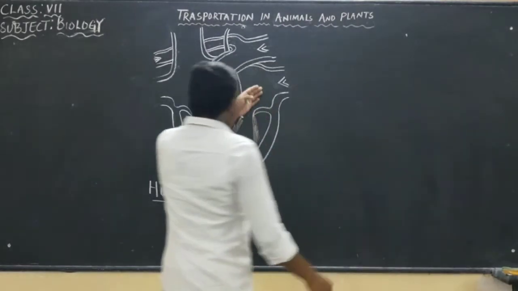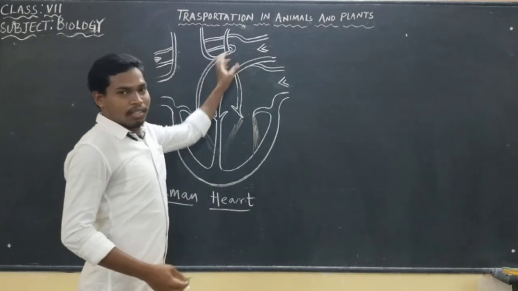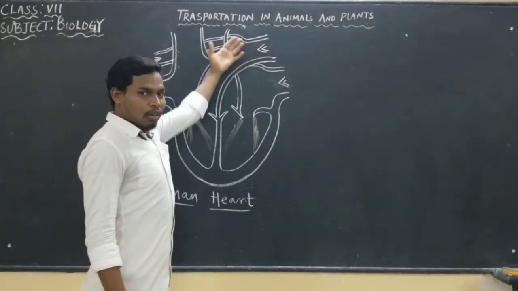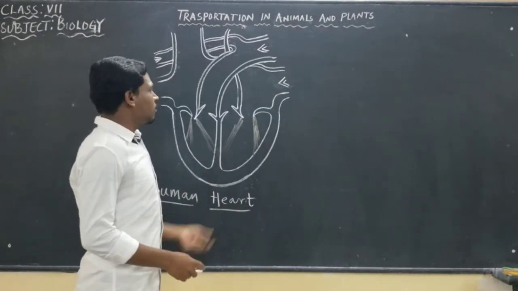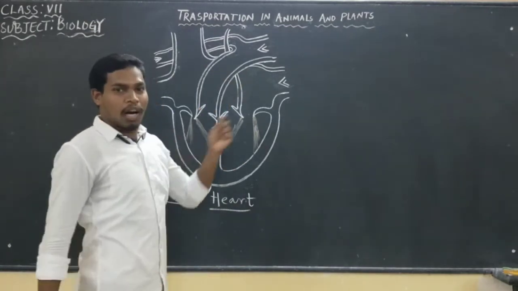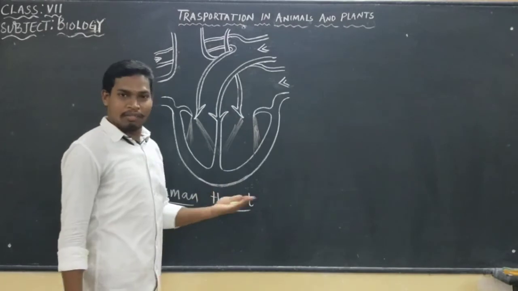Here, these two are atria, or auricles, and these two are ventricles. So we have two upper auricles and two lower ventricles.